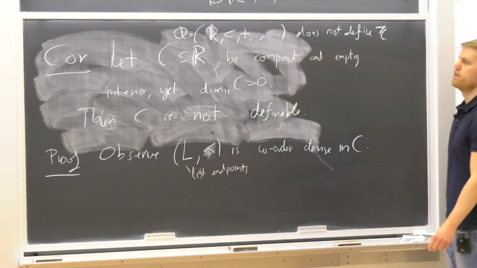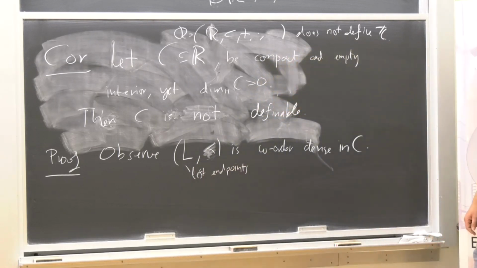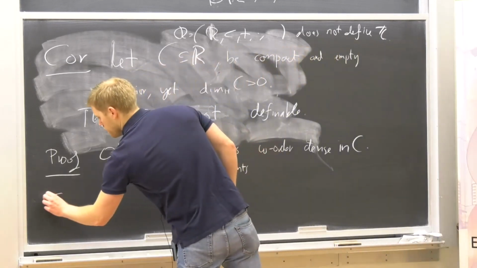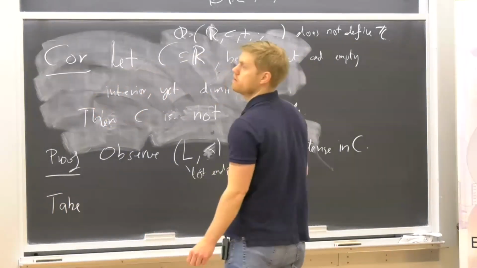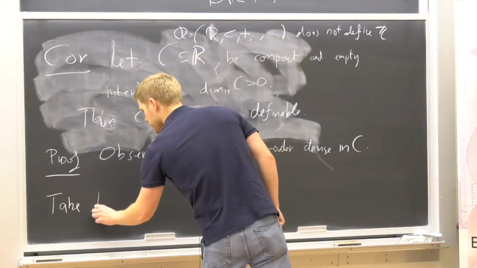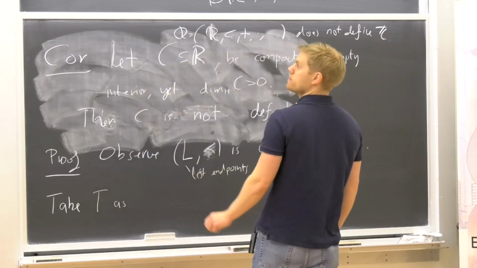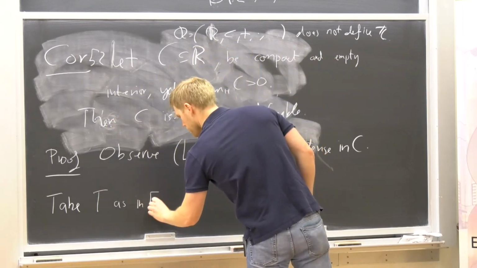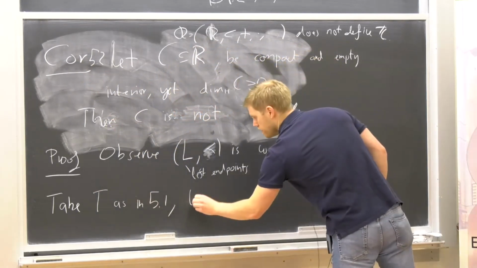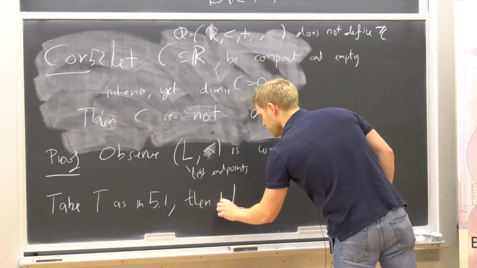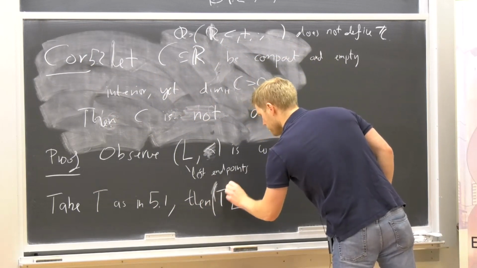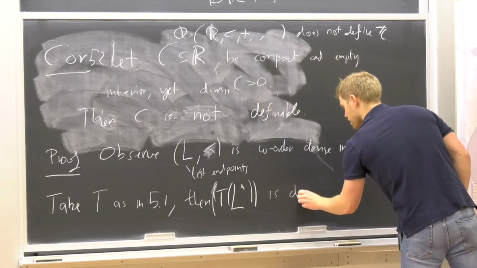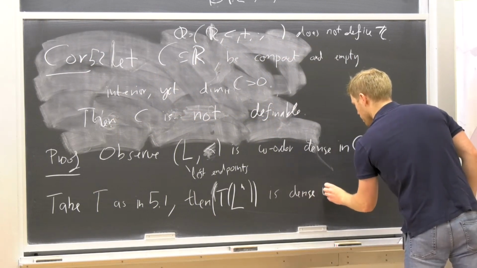It's written up there, and now note that I take, what did I call it? T, probably T as in 5.2, and this was 5 as in 5.1. Then T of L to the N is a dense omega order.